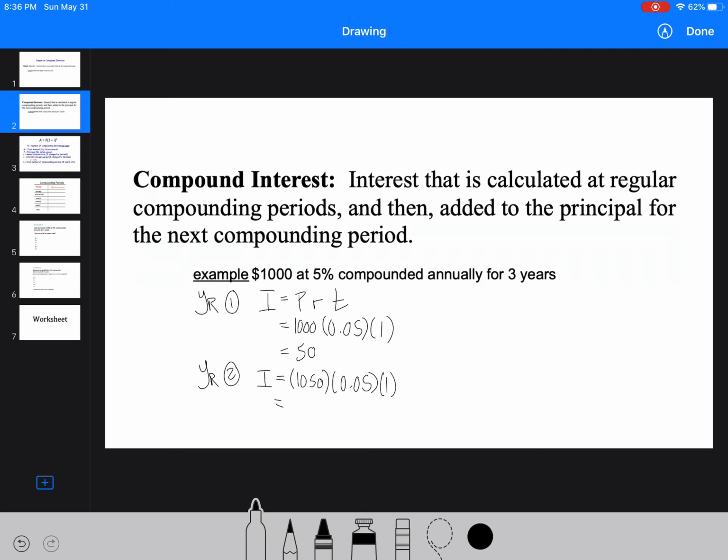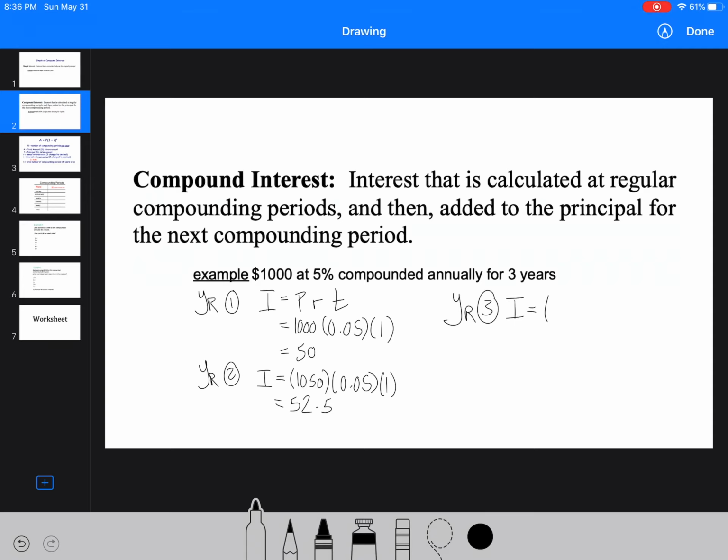So now, when we're doing this one, we're actually going to have a little bit more money. We're not just going to get $50, we're going to get $52.50. Then year 3, we've got the 1,050 plus 52.50 that we're earning interest on.